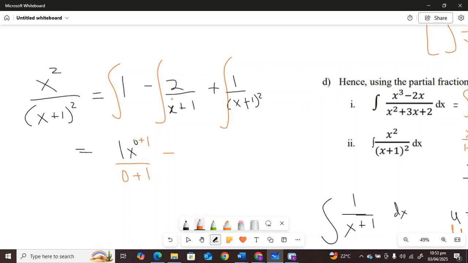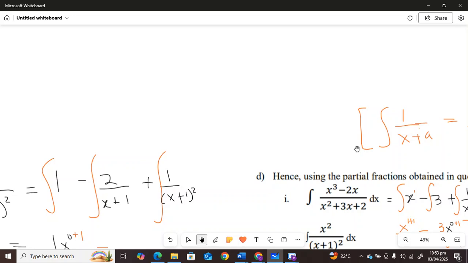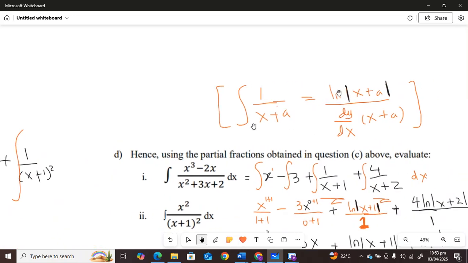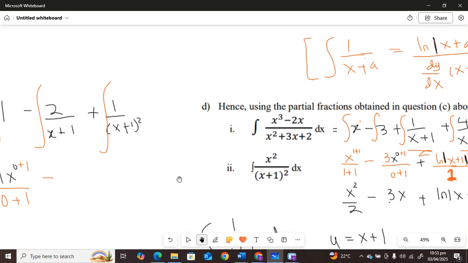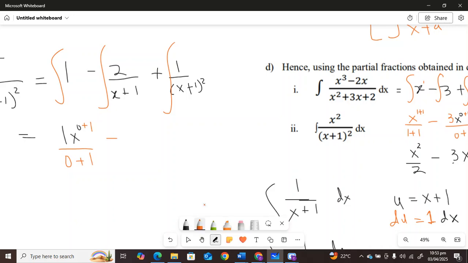Minus, okay, so here we've got a linear factor x plus 1, so we are applying this rule here: 1 over x plus a, natural log x plus a over derivative of x plus a. So here we're going to just put first the 2 here, then you say natural log x plus 1 over. So when we derive x plus 1, we derive this x, you get a 1. You derive this 1, it disappears.